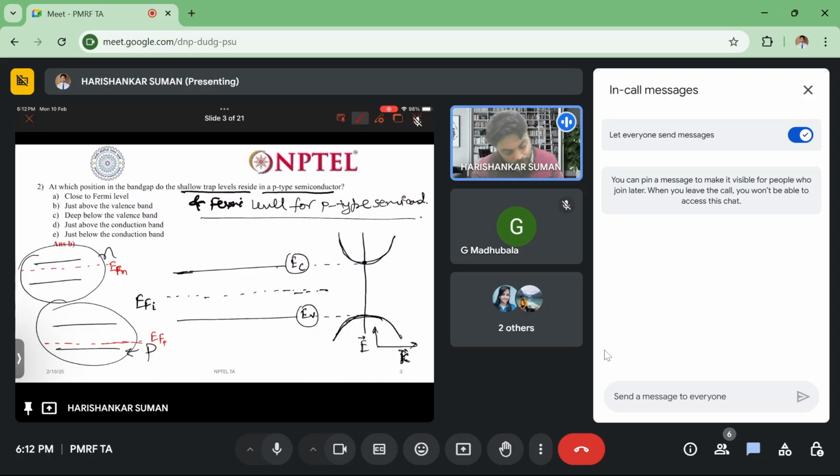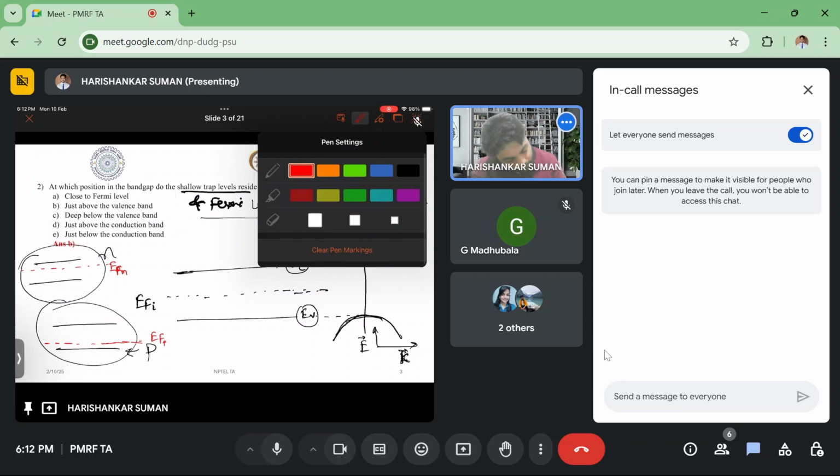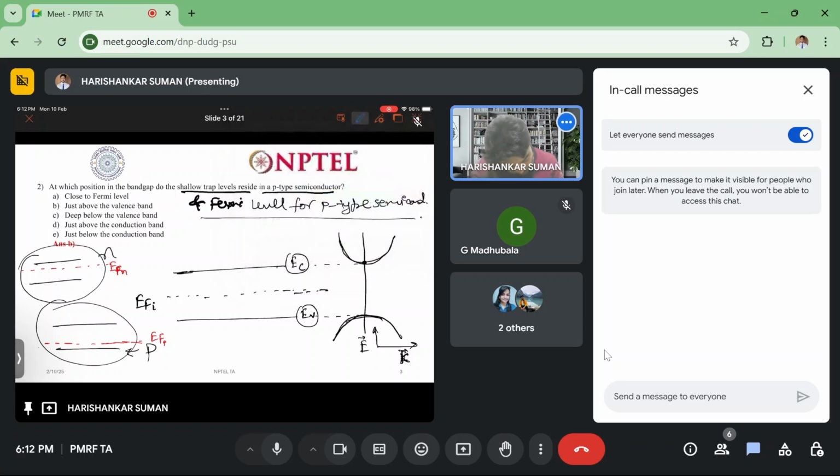So you know in p type shallow trap, where will be the shallow trap? In a p type semiconductor it should be near like that, a trap.